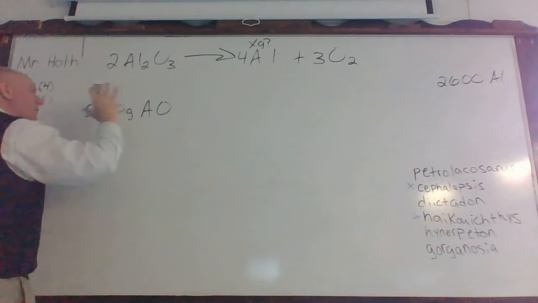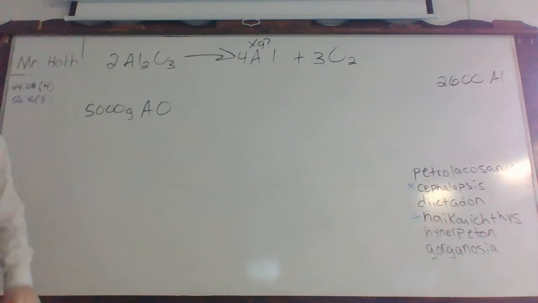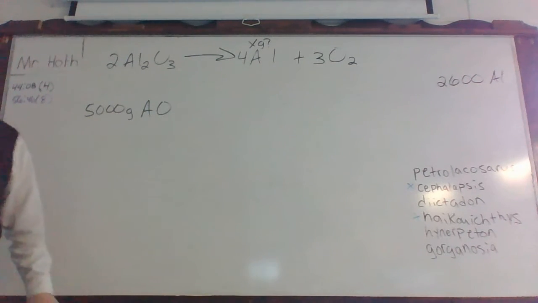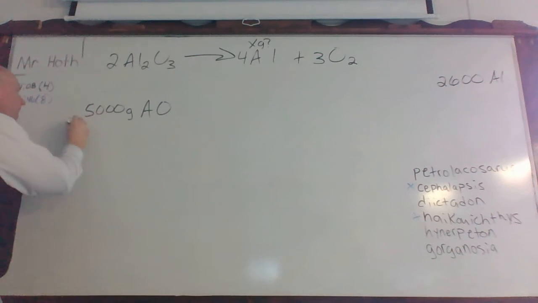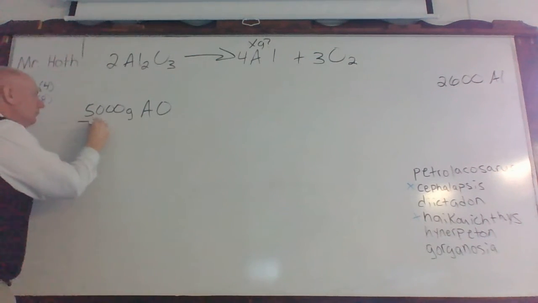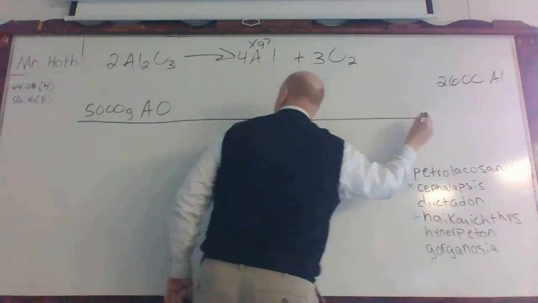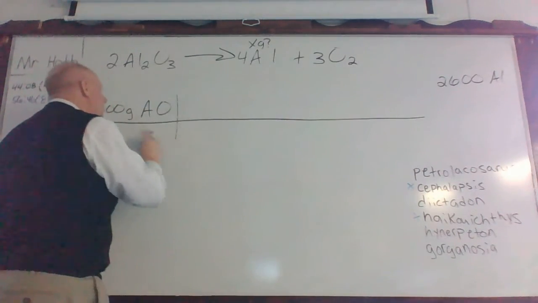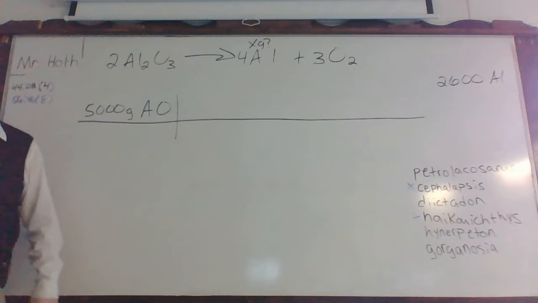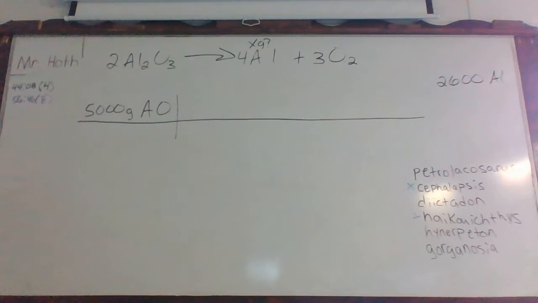Okay, fair enough. 5,000 grams of aluminum oxide. So, 4 steps we need to accomplish. Okay, this is step 1. Anytime we've seen a substance in grams, we're going to change it to what? Every time. We're going to change that to moles, just like what we did in chapter 3.